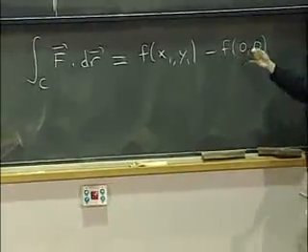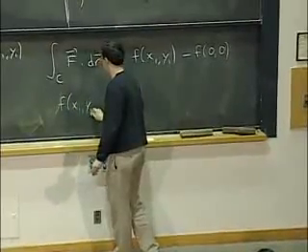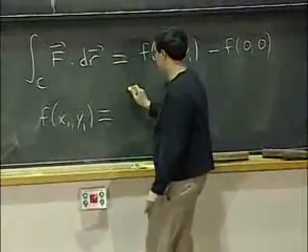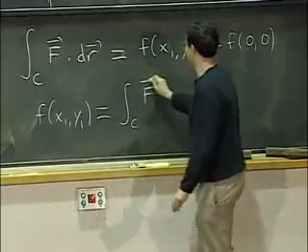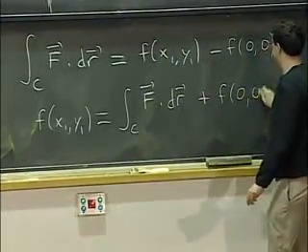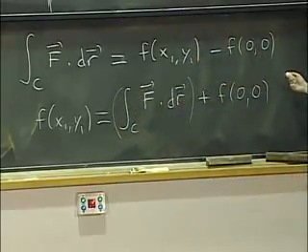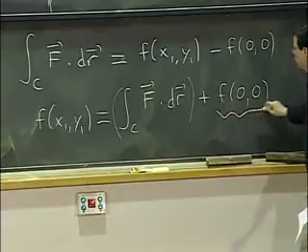Okay. Well, so that means I can actually write f of x1, y1 equals that line integral plus the value at the origin, and that's just a constant.